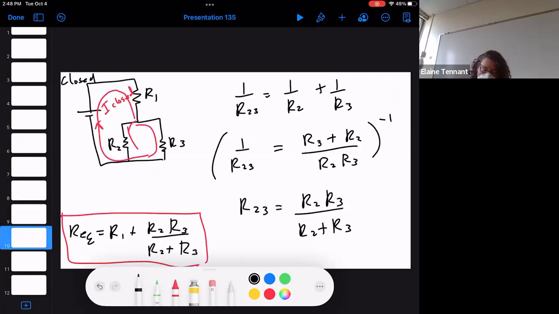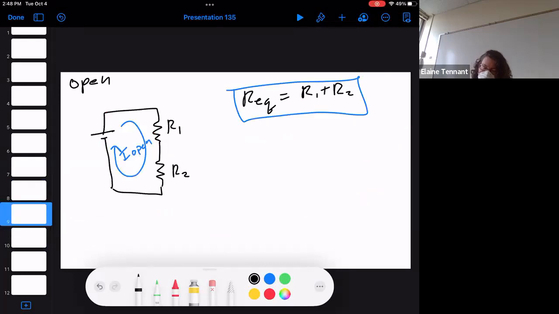So for the open one, the current through the battery is curly E over R equivalent. Sound okay?